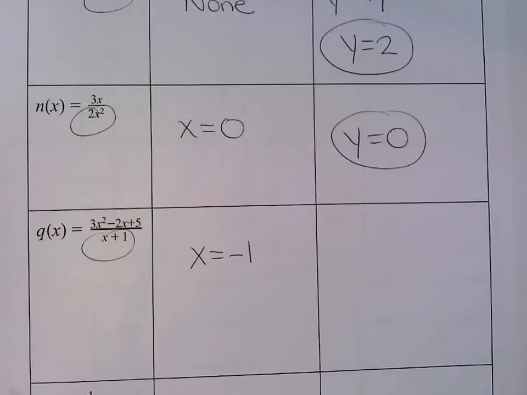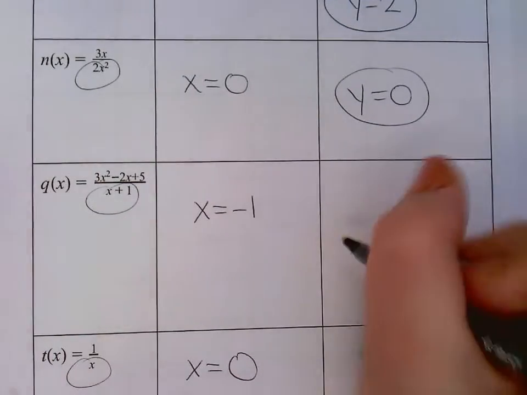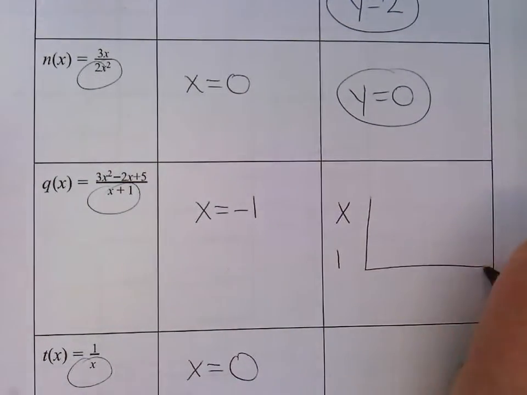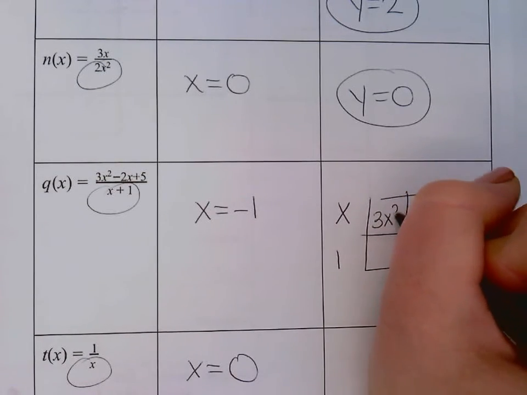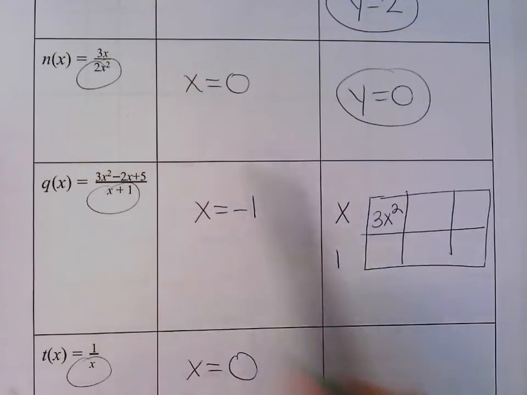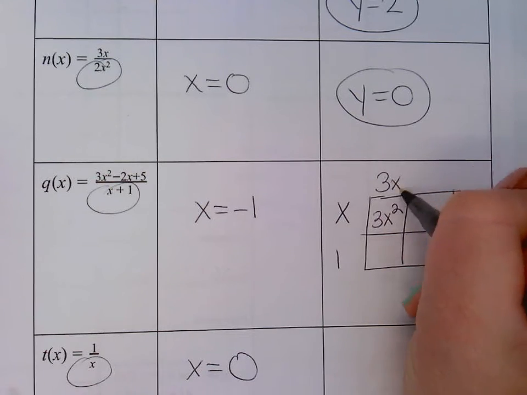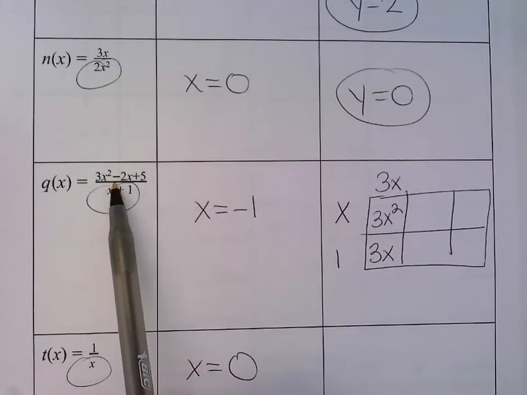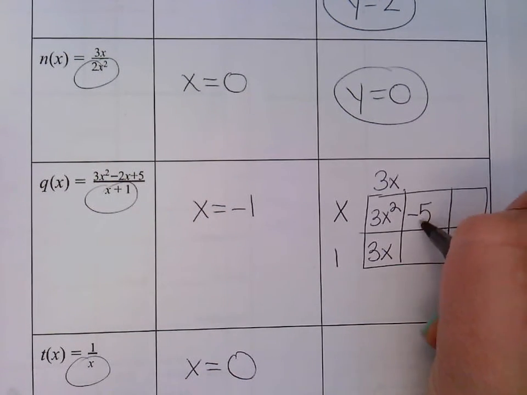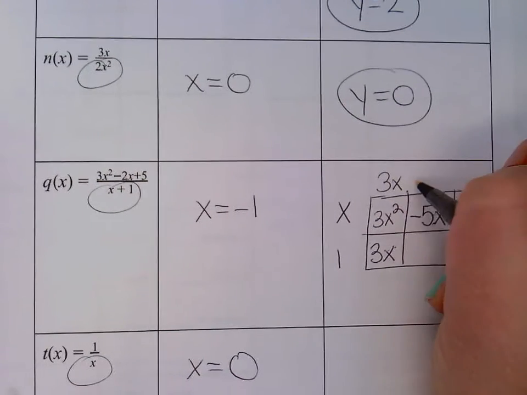Q of x is when you've got to do your division, right? So you put x plus 1, and then you've got 3x squared here, because that's your dividend. So you need 3x up top. This would be positive 3x. I'm trying to get to negative 2x in my dividend, so I need to subtract 5x to get to negative 2x.